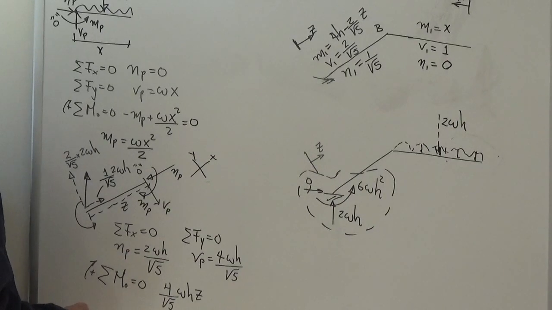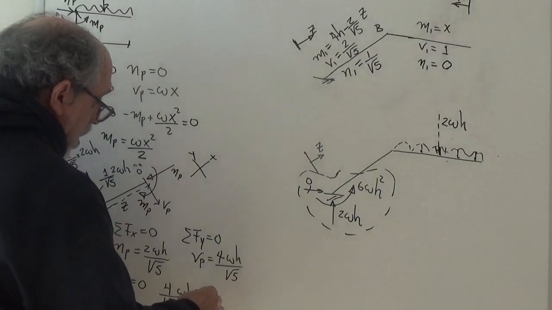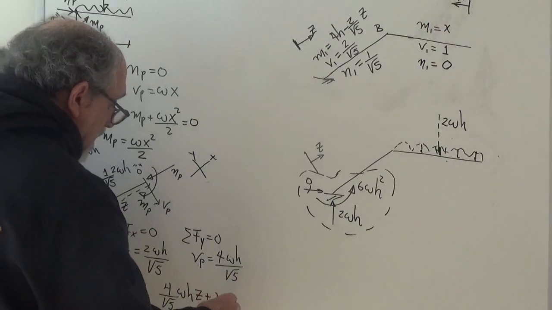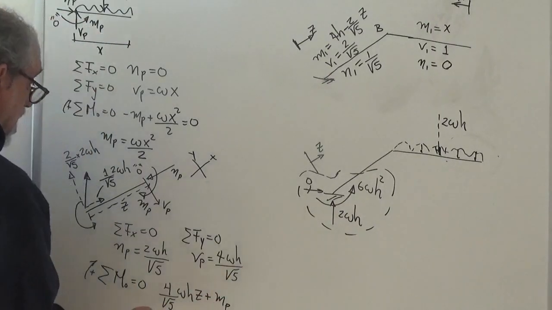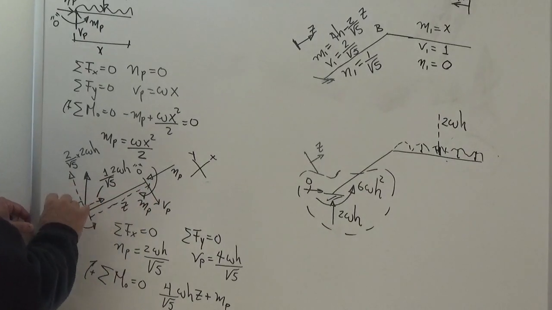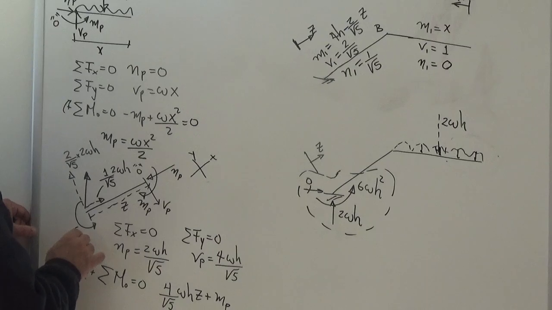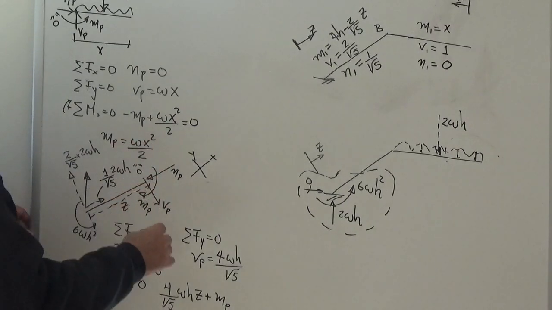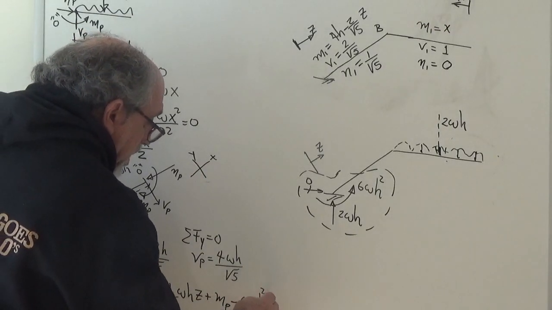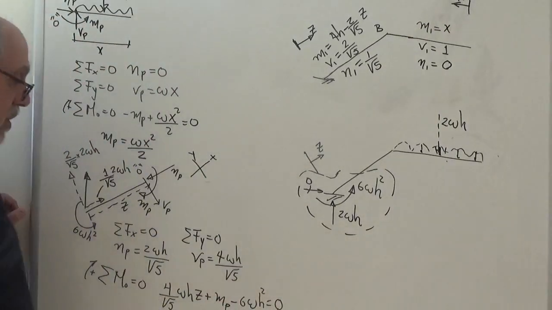So 4 over square root of 5 WH times Z is positive. Nothing else, right? So plus MP, and then this moment here, which was 6WH squared. Plus MP minus 6WH squared is equal to 0.